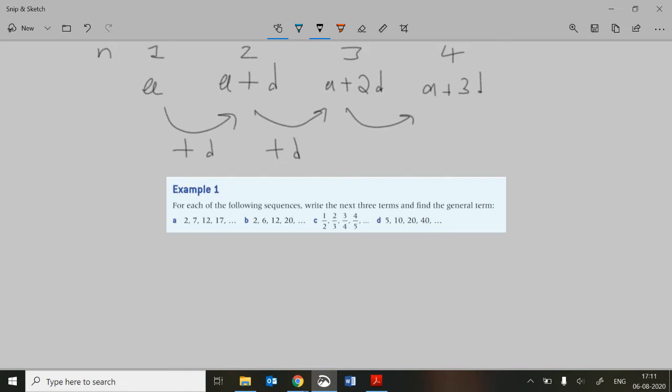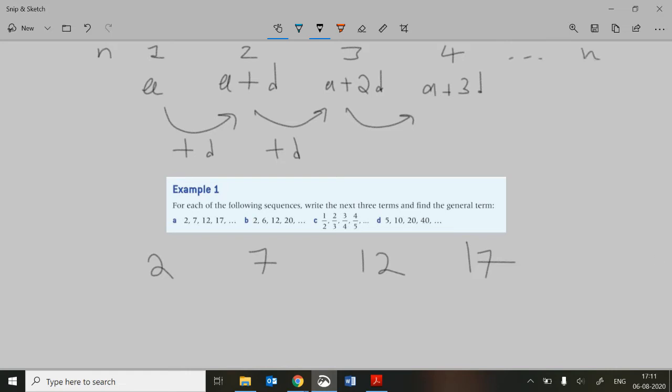So in our case, let's just take these things down here as well. In our case, for that first one, we've got 2, 7, 12, and 17. And so our a is equal to 2. And a plus d is equal to 7, so you can see that the common difference is 5, pretty simply. But what I was going to do here is just write down the nth term in this case, so I could continue with this pattern.